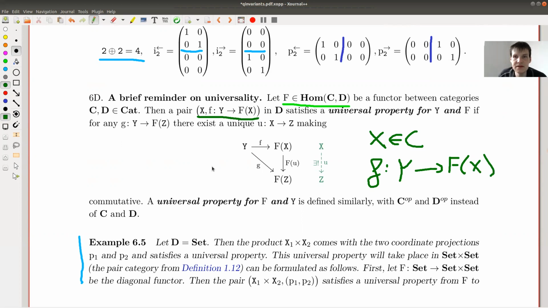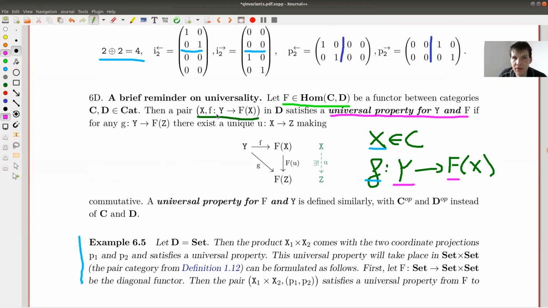So the pair consists basically of x and f, and the input is y and f. Right? As soon as I fix those things, that's what it is. It's a pair. And this is why it's called the universal property for y and f.